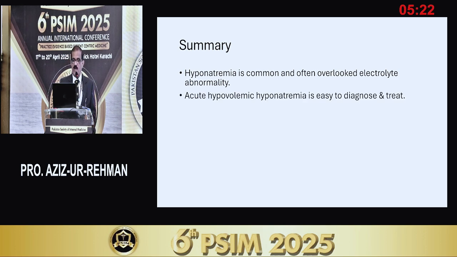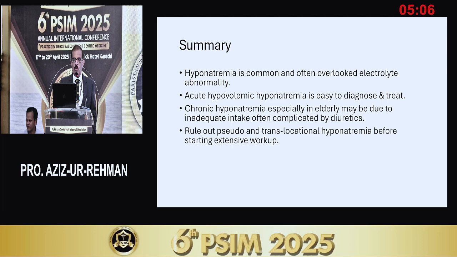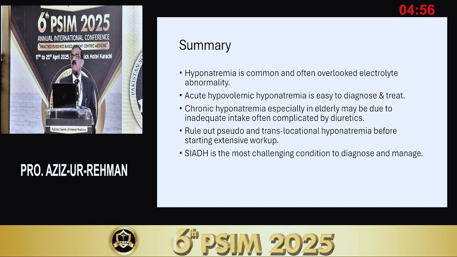Acute hypovolemic hyponatremia is easy to diagnose and treat, but chronic hyponatremia, especially in the elderly, may be due to inadequate intake, and the simple solution is to supplement, and it is often complicated by diuretics, and the solution may be taking them off diuretics. Rule out pseudo and translocational hyponatremia before you start an extensive workup to find out the cause of syndrome of inappropriate ADH secretion, and refer to the internet.